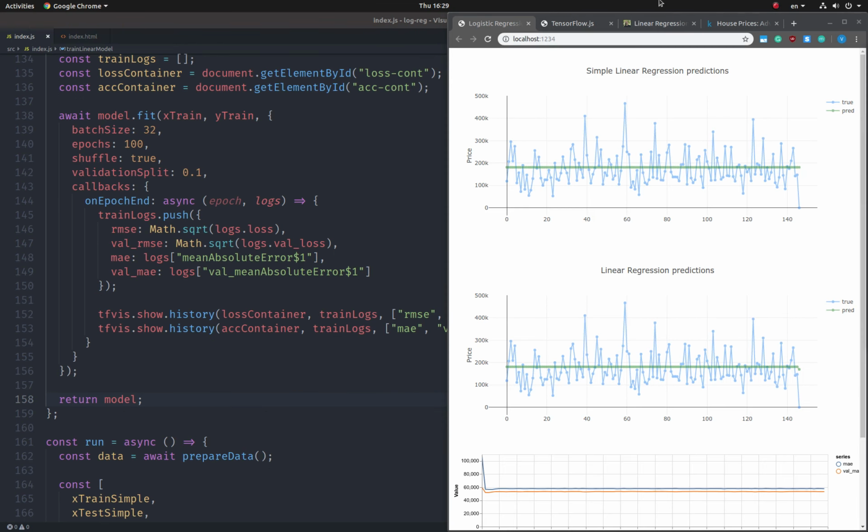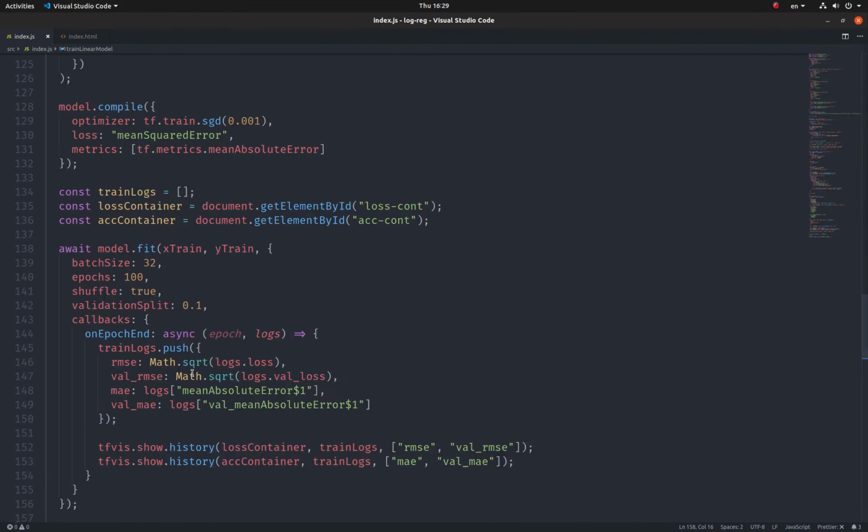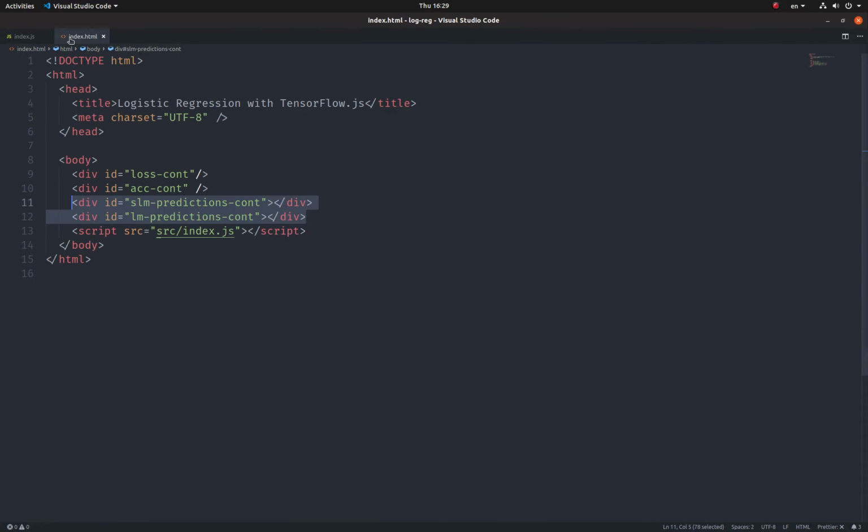And here are the predictions of our model. I had to do a bit of work to get this working. I had to return the model itself from the train linear model function, and another thing I had to do is add these two diffs in here in the index file.